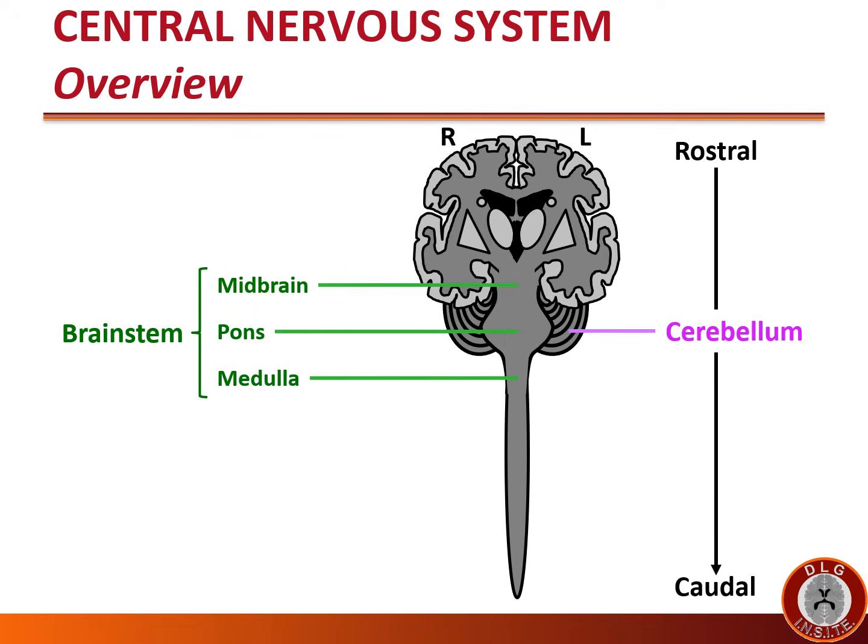Beneath the cerebrum is the brainstem, consisting of 3 areas: the midbrain, the pons, and the medulla. Behind the brainstem and underneath the cerebrum lies the cerebellum.